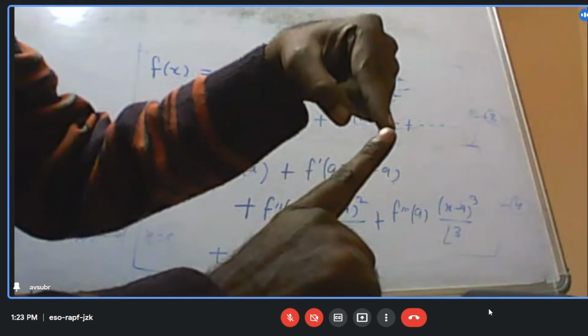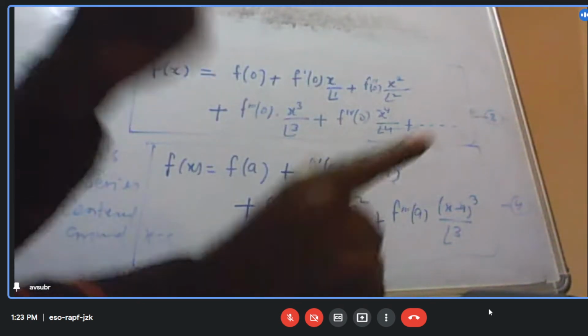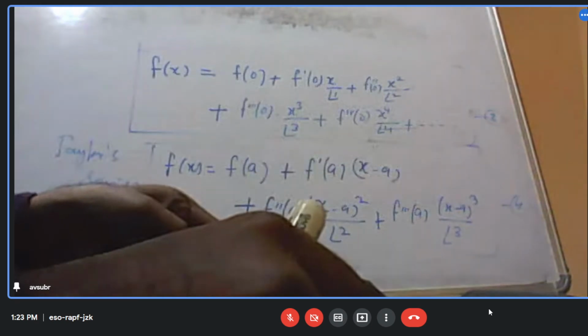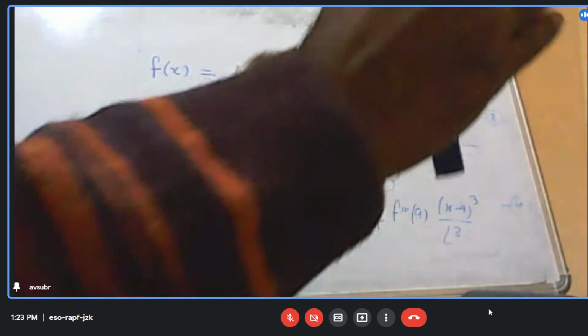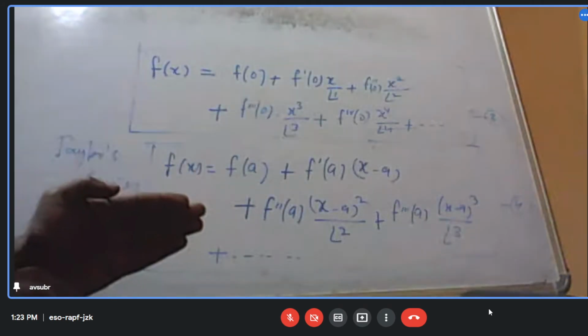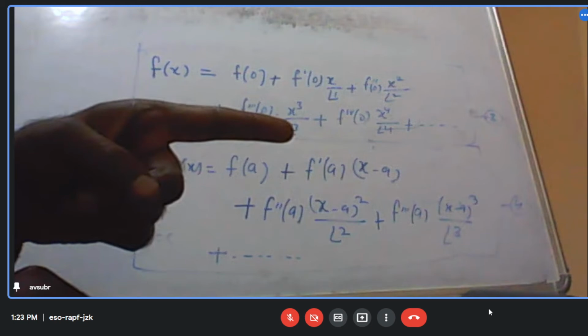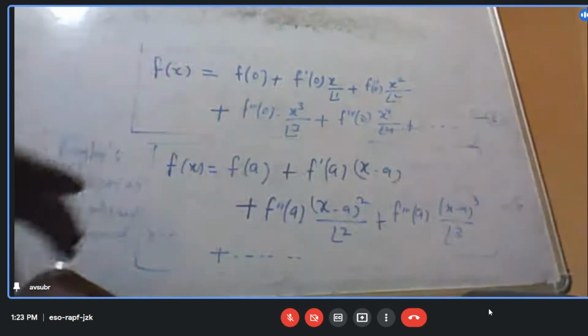But it is giving information around this area, that area. Means it is giving me information around that area. Got the point? So it is giving me local information.